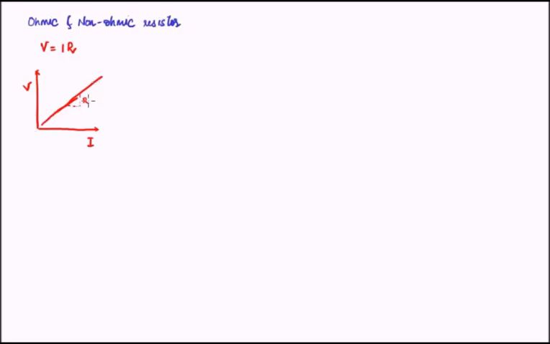Since this is a straight line, whether we measure R the slope here or we measure R the slope here, they would be the same. Okay, so this was representation of Ohm's law.